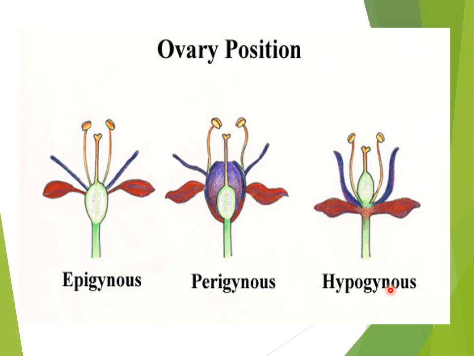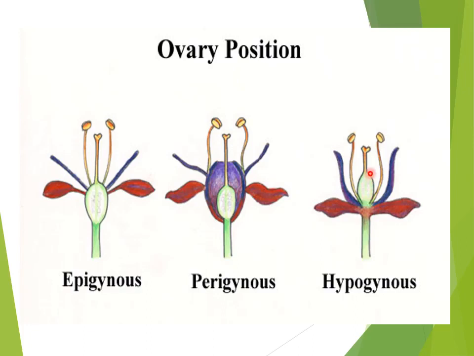In this diagram you can easily observe the red sepals, the blue petals, and the yellow androecium. They all arise at the base of the ovary, and the ovary becomes superior. It is known as hypogynous.